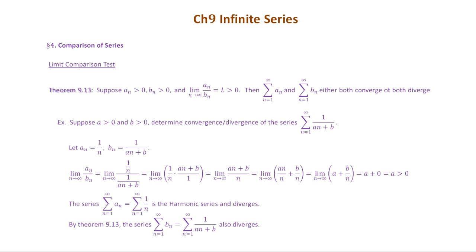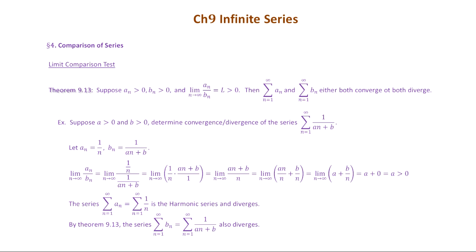So that's the first version of this method. We have another version of this comparison test. It's called the limit comparison test. So this time, again, we're talking about two positive series a_n and b_n, and we don't require one series to dominate the other.